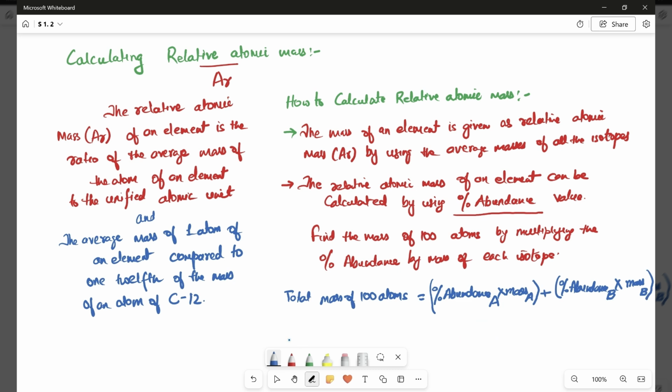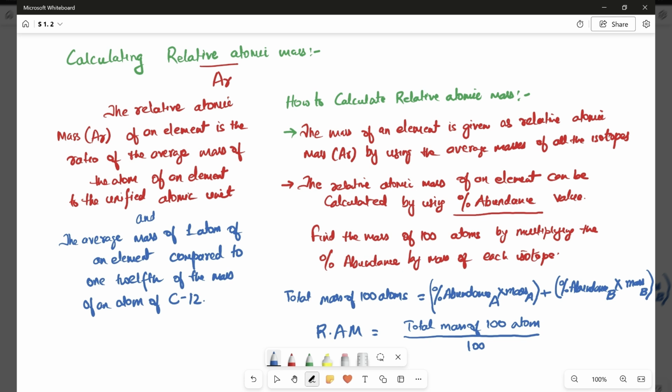And then what you have to do, how to find relative atomic mass. Now you got the total mass of 100 atoms from the above formula. Total mass of 100 atoms divided by 100 will give you the relative atomic mass.